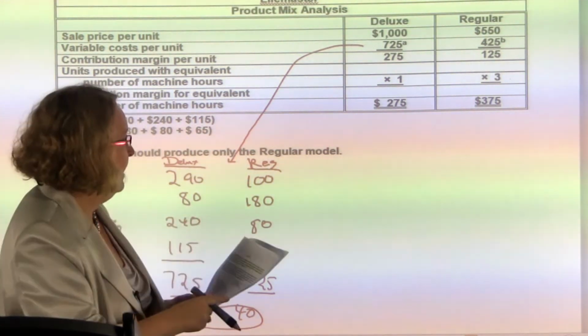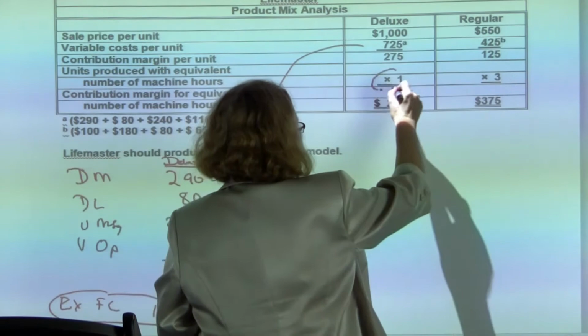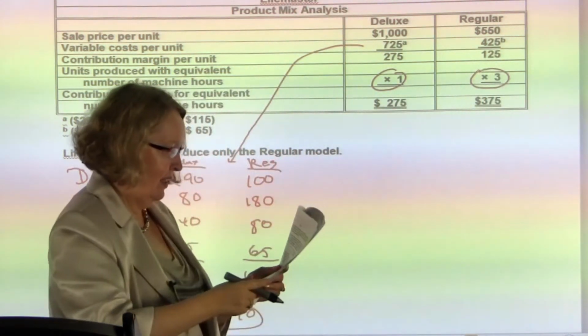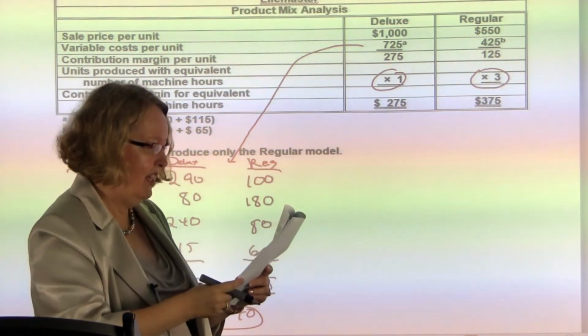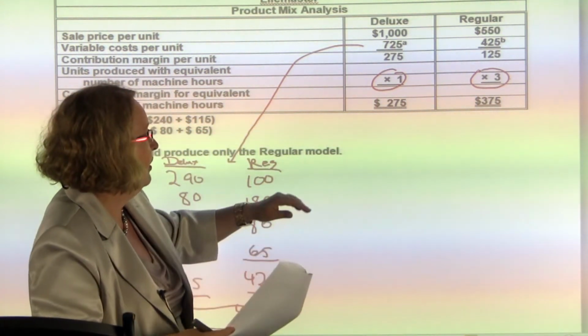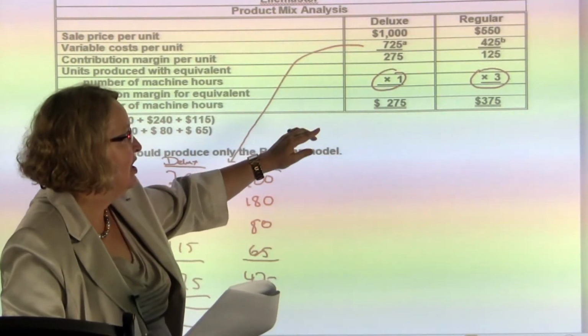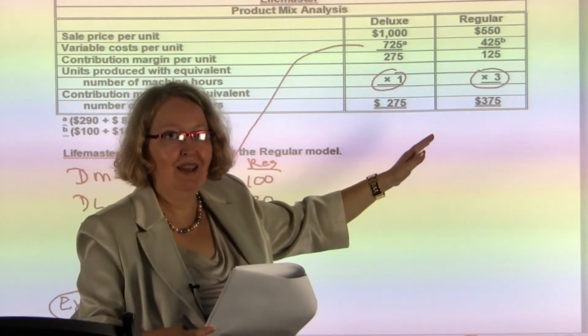So where we're coming up with these numbers here, it's taking 1 machine hour to make 1 deluxe model, whereas you can make 3 of the regulars in a machine hour.